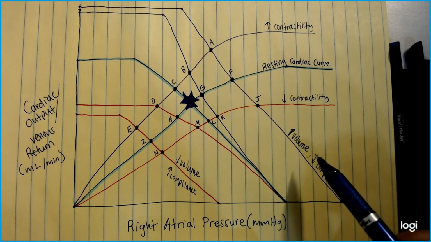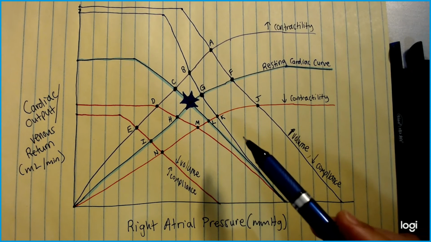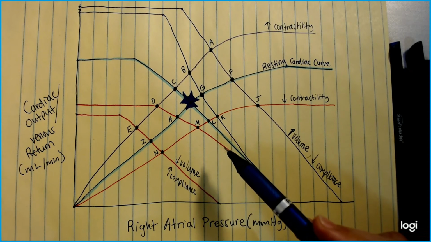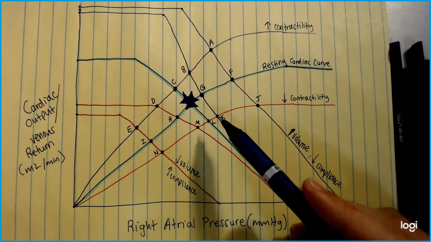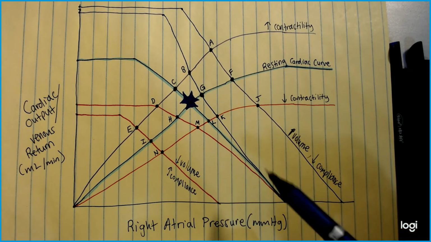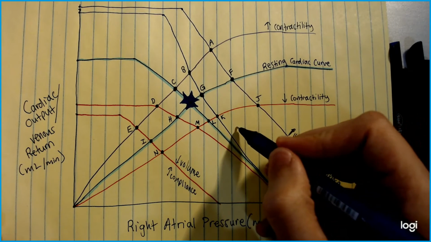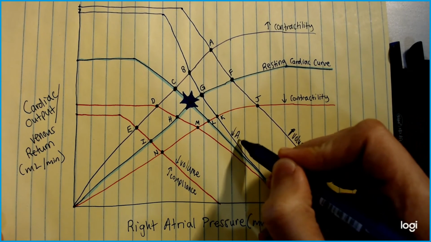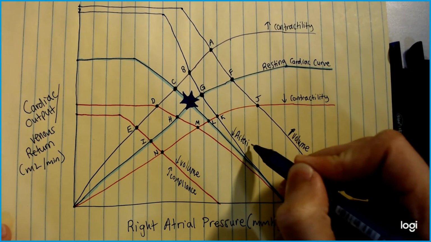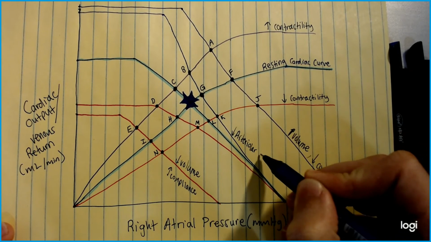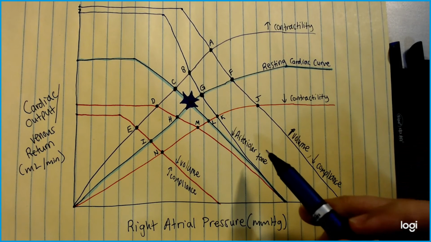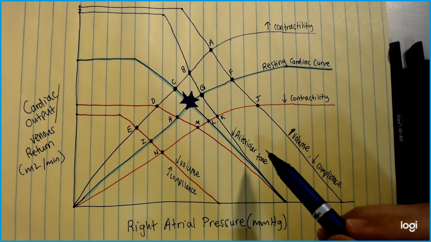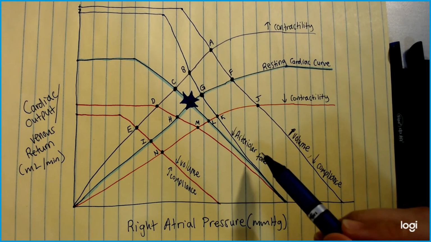Okay, so now we labeled most of them. We only have two left. We have this one and this one. Okay, so for K, that's intersecting here. So this is going to be a decrease in arteriolar tone or resistance, right? Remember we said a decrease in resistance allows more blood to flow to the veins, right?